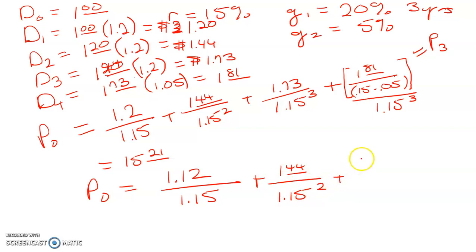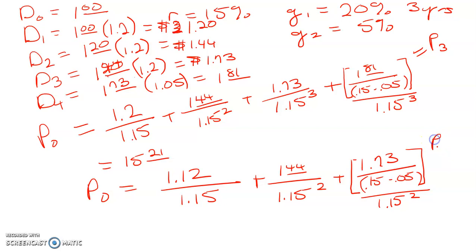So, and then $1.73, and just like before, R minus G, required rate of return minus the growth rate. That's 0.15 minus 0.05. That's also 0.10 if you want to do the calculation before. And then you would divide that by 1.15 squared. So this right here is equal to P2. So, and again, you remove one step from the calculation and you should still get $15.21.